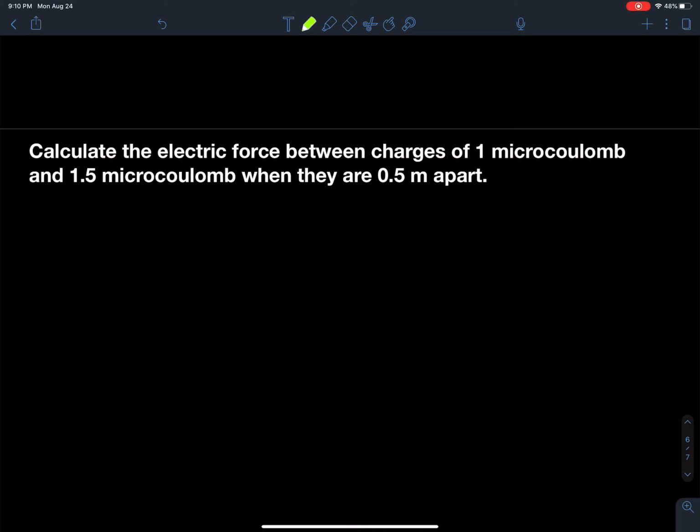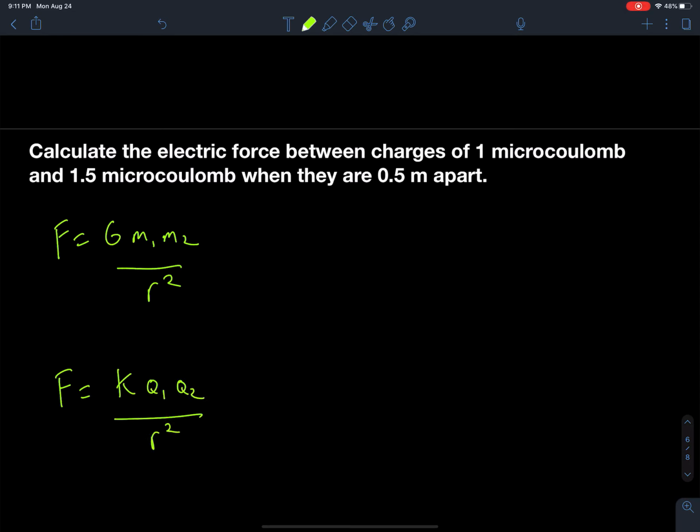Coulomb's law looks a lot like Newton's law of gravitation. Newton's law of gravitation was this, if you remember. Okay, and Coulomb's law looks like this. Okay, that looks very, very similar, where F, the force between the objects, is inversely proportional to r squared.